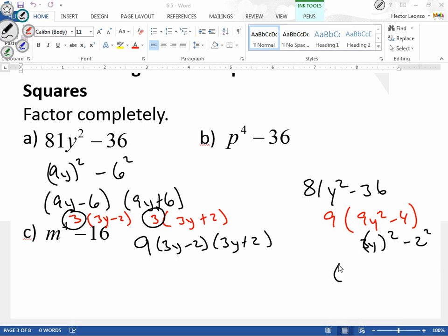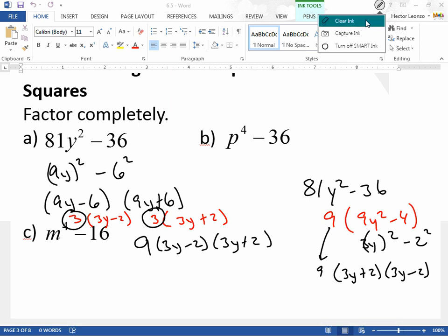So that would have given me my 3y plus 2, 3y minus 2, and obviously don't forget the 9 on the outside. So we call this a little more complex because even though it did look like a difference of the squares to begin with, once we separate it into two parentheses, we can still factor even more.